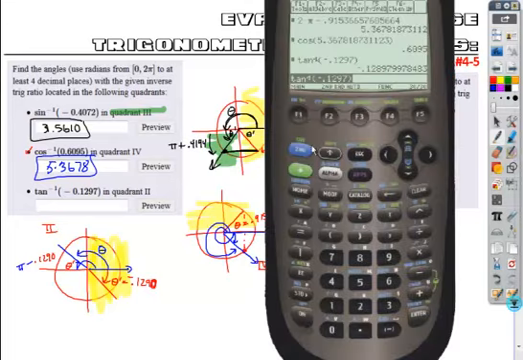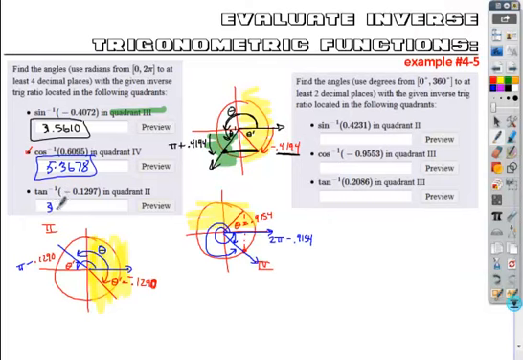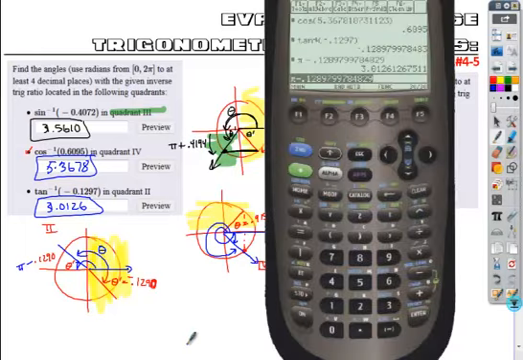And so if we calculate pi minus this quantity, again, get rid of that negative, I get my answer, 3.0126. And that's my answer. I can verify it if I take the tangent of that 3.0126. It should give me the same decimal, negative 0.1297. So it confirms that I got the right solution.